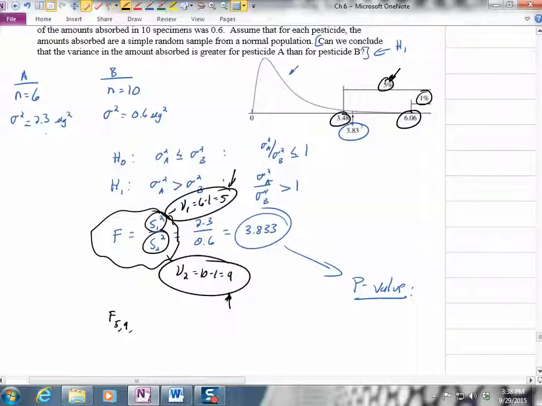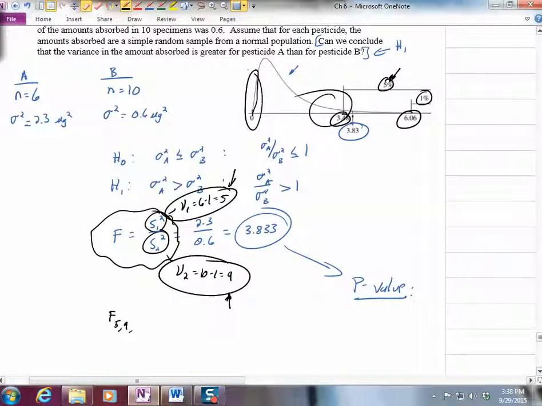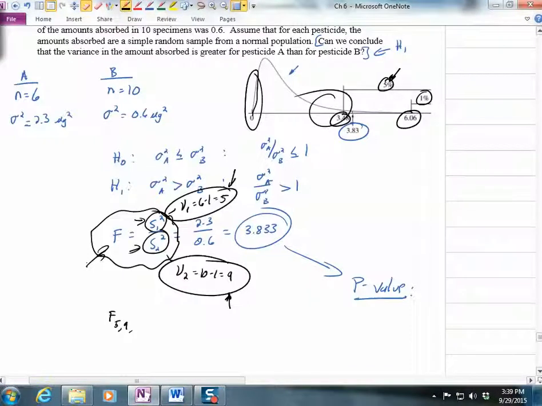That table only gives us the upper tail of the distribution. It doesn't give us this tail, which would be 1 over that F, just because it's hard enough to get all that information there. So we have the choice when we calculate this F, which variance do you put on the top, which on the bottom, right? That's pretty arbitrary. So because our table only lists the large values of F, we put the big one on the top and the small on the bottom. So your F's are always going to be greater than 1 to get the value off the table.